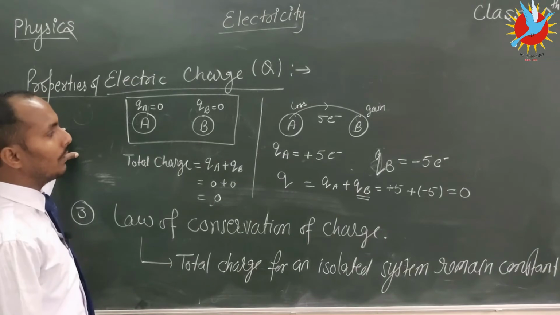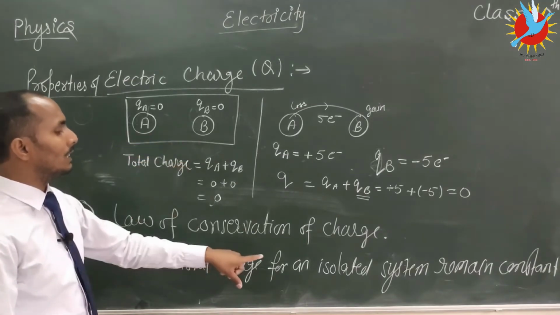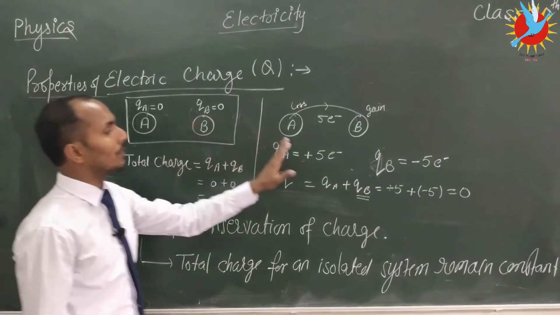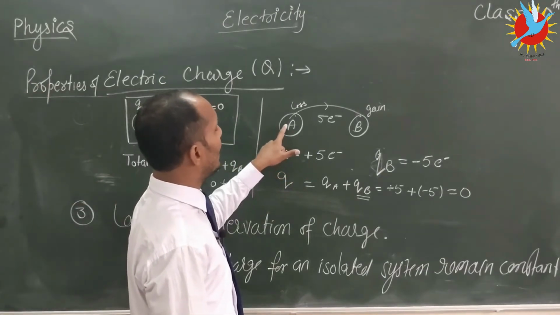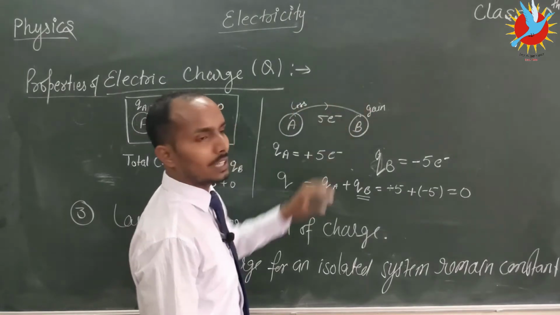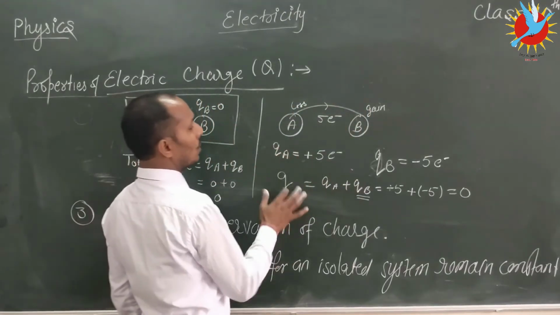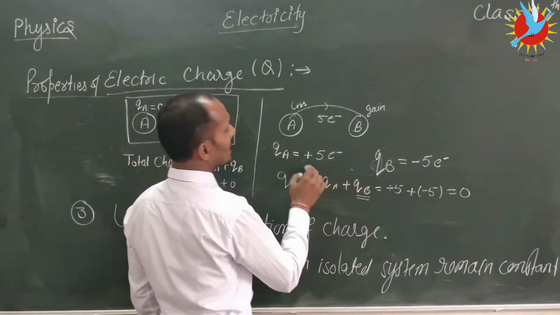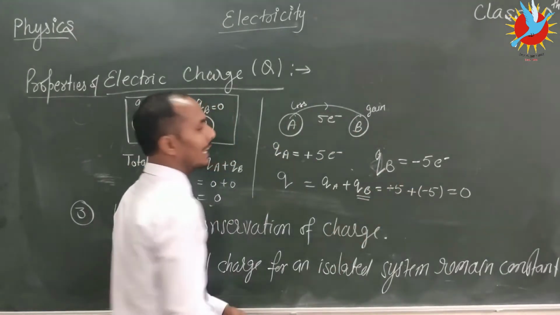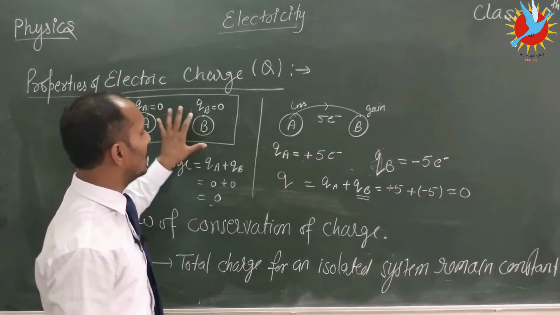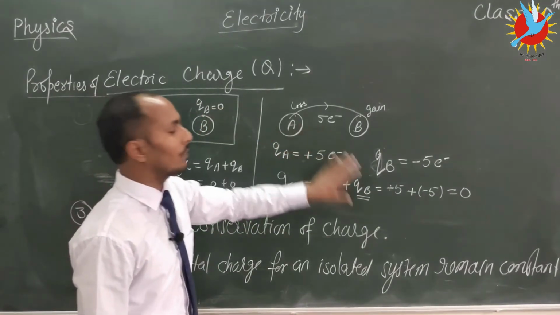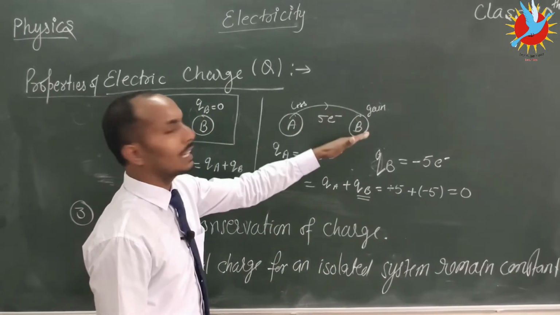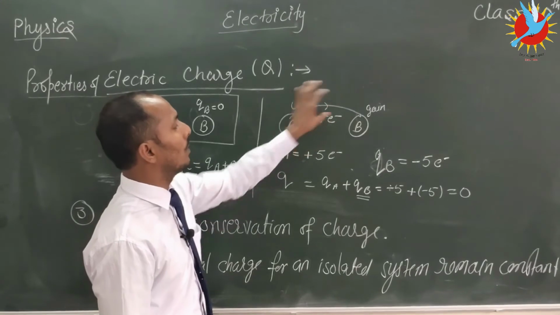The total charge is 0 before, and after the interaction it is 5 plus minus 5, which is again 0. So total charge before and after rubbing remains constant, but some electrons are transferred from one body to another.